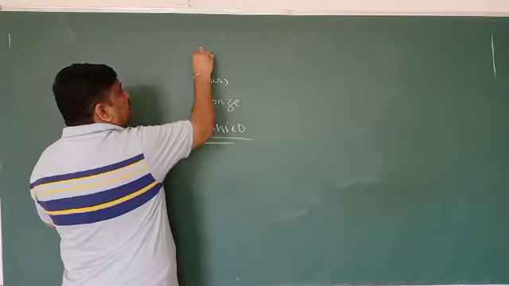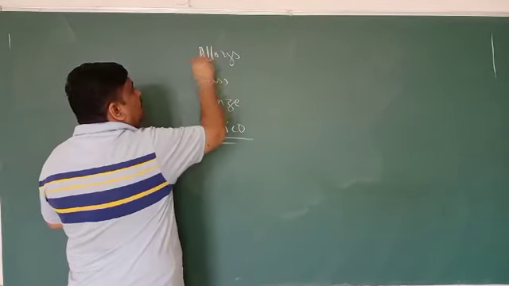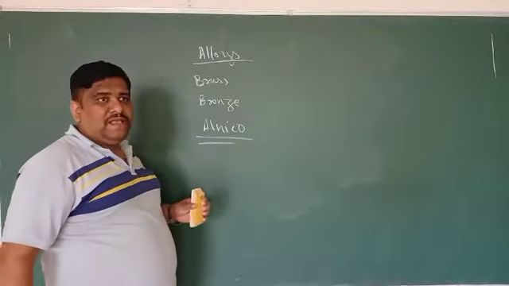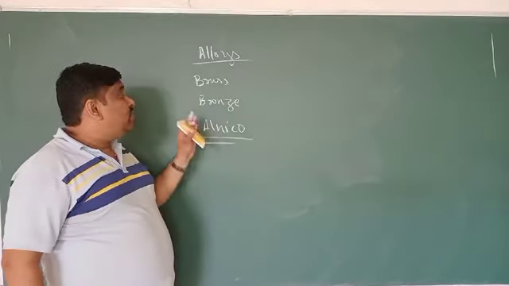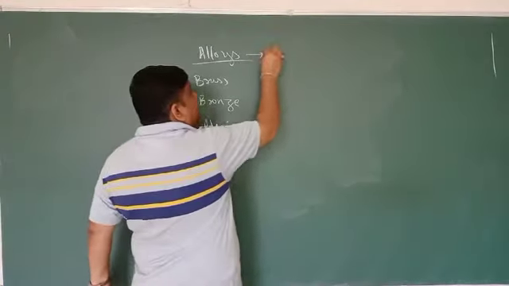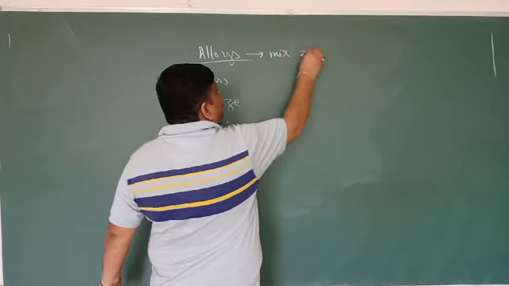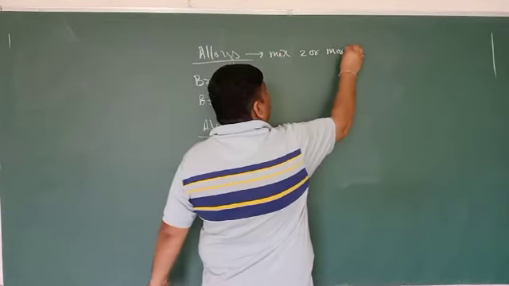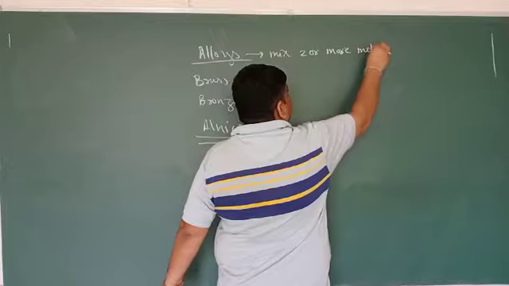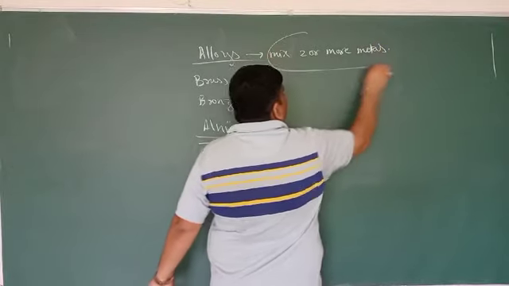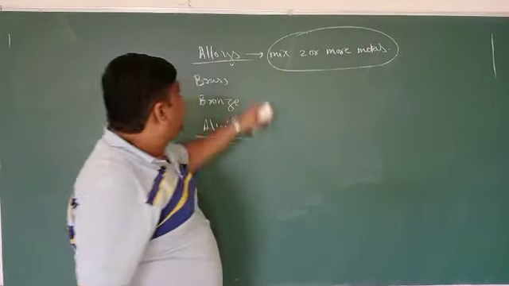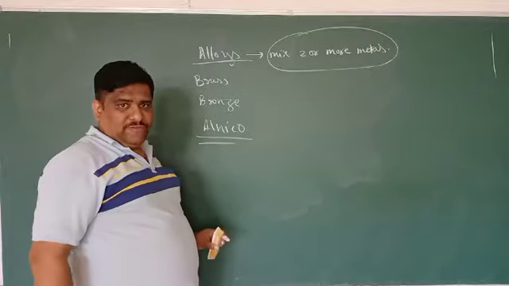These are alloys. Alloys are formed by mixing two or more metals. Correct? Two or more metals get mixed with each other and that is alloy formation.